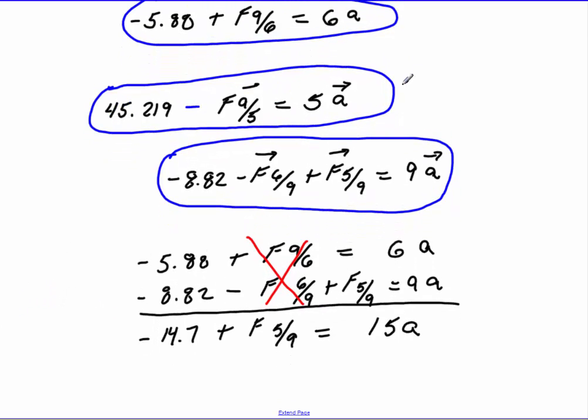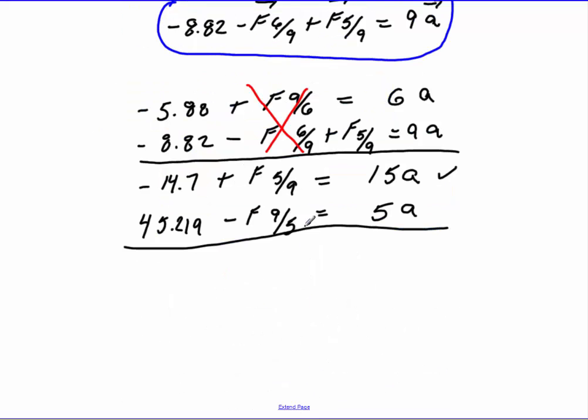Okay, so now I'm down to this equation and this equation. Can I now put those together? Bring this one right down here. Does everybody agree with that? You could do all three equations in one, certainly could.